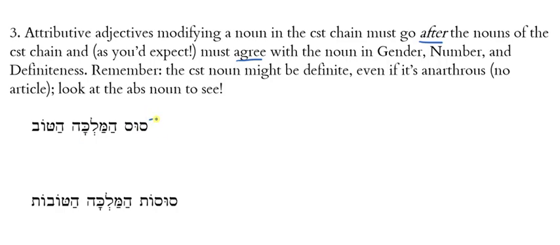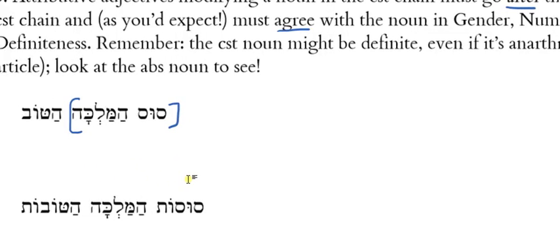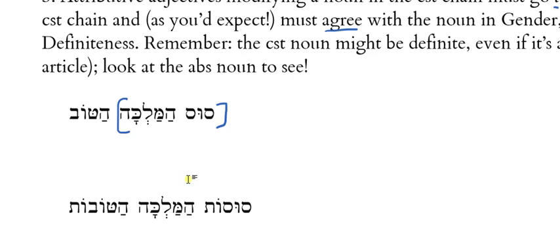Here is my actual construct chain in the first example. I have sus hamalka. Sus is thing 1, horse. Hamalka is thing 2, queen. So notice that I have an article on the queen. So this is the horse of the queen.